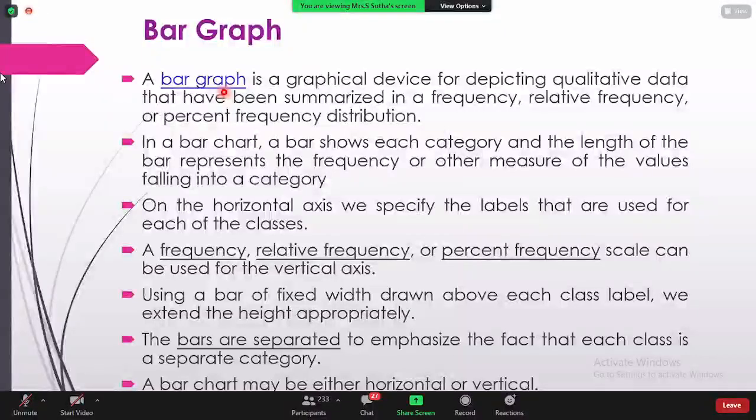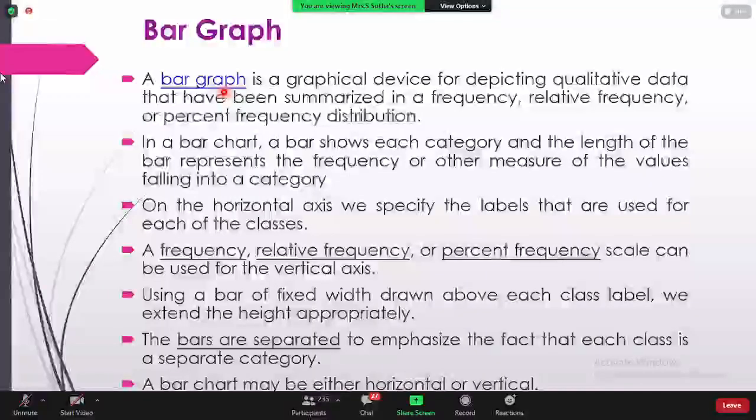In the bar chart, each category is represented by a bar. The length of the bar represents the frequency, or the relative frequency or percent frequency if we are using those. On the horizontal axis, we usually specify the labels for each of the classes, that is, the categories of the variable.